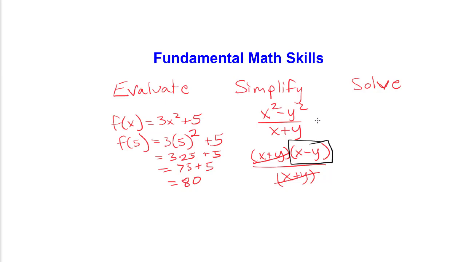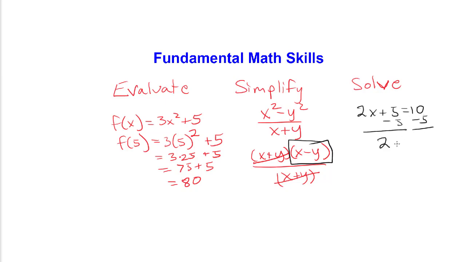Students sometimes confuse that. Solving is when I have an equation or an inequality. Let's keep it a very simple two-step equation: 2x plus 5 equals 10. Well, I can pretty much eyeball that and see 2x has to equal 5, or x has to equal 5 halves. But let's solve it. Two steps, subtract 5 on both sides.